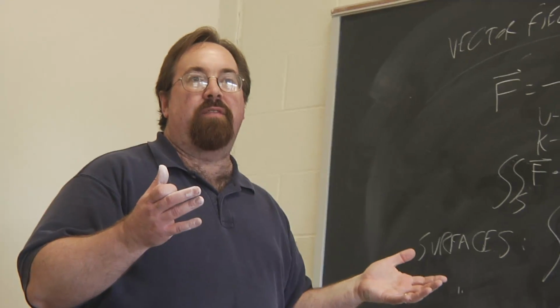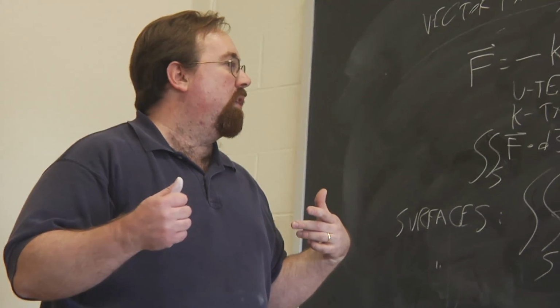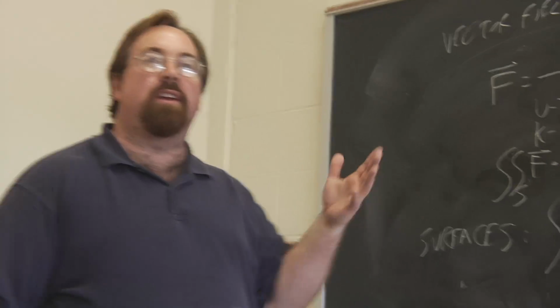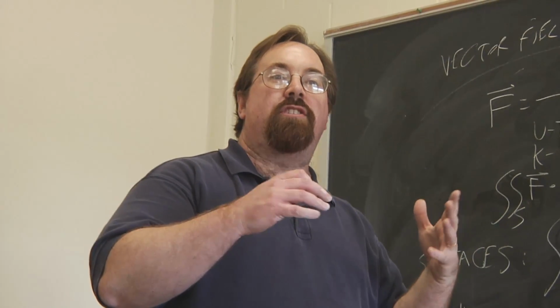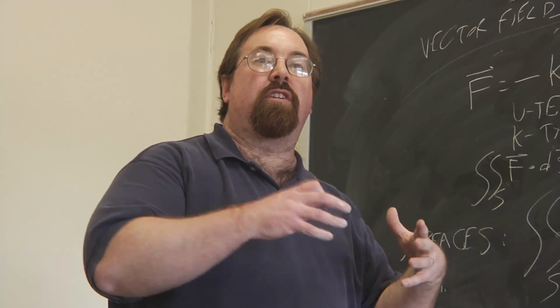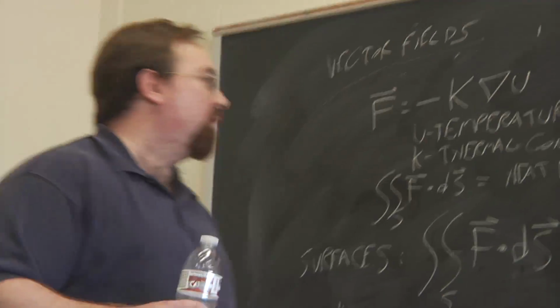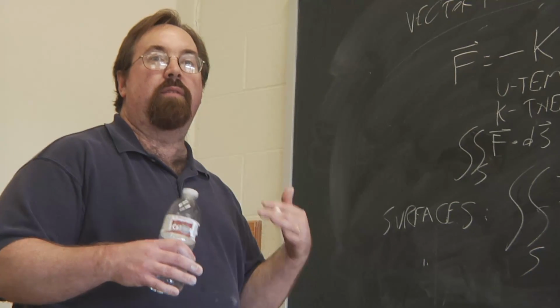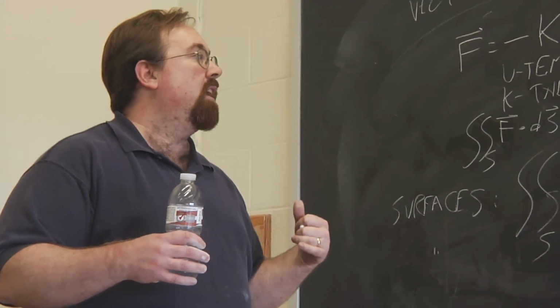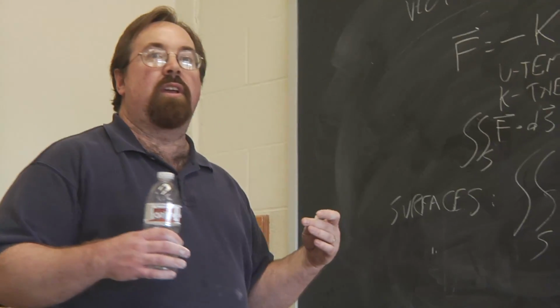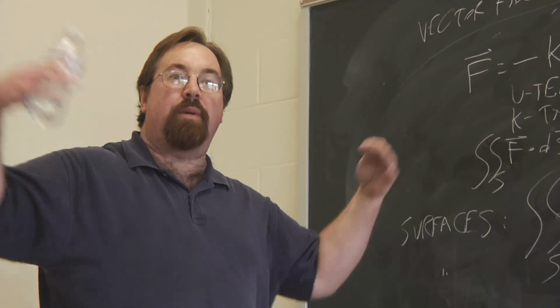Because think about it, if you have a solid object, then what you can do is say that the rate of change of the total amount of heat energy within the object with respect to time is equal to the amount of heat energy coming in.